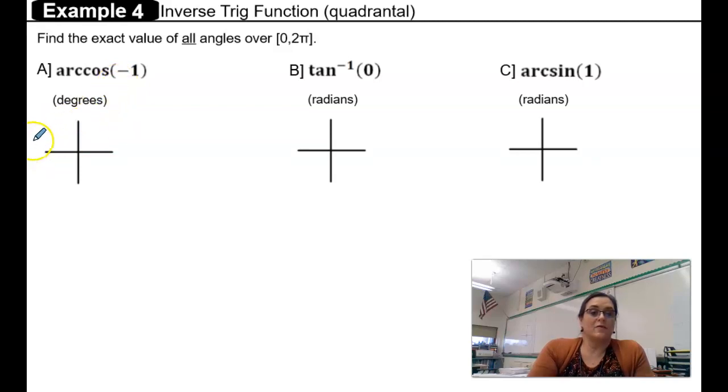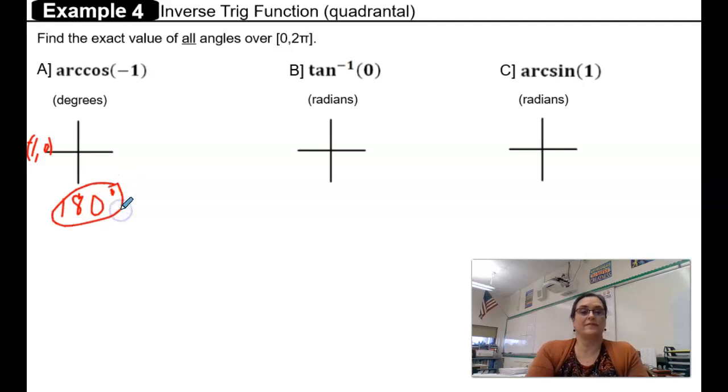The coordinate along the negative x-axis here is (-1, 0), and that is at 180 degrees. That's the only place where the x is -1 on the unit circle in one revolution.